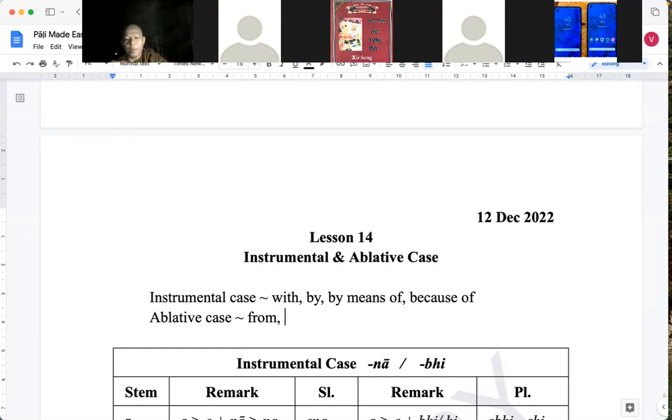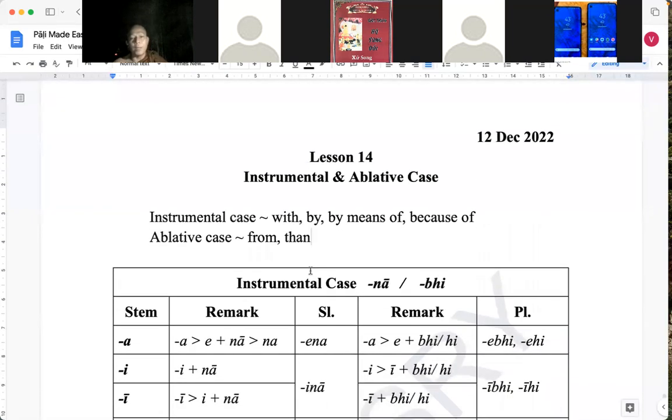But sometimes in comparison, from is also very common. Their signs are quite the same. That is why in this lesson we will learn the instrumental case and the ablative case together, because they are partly the same.